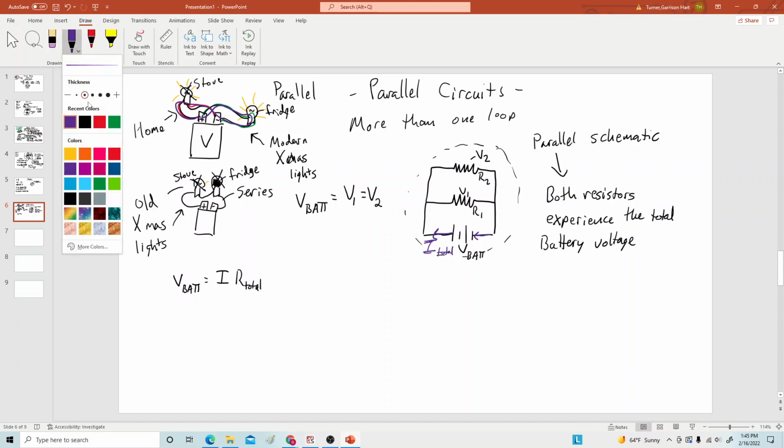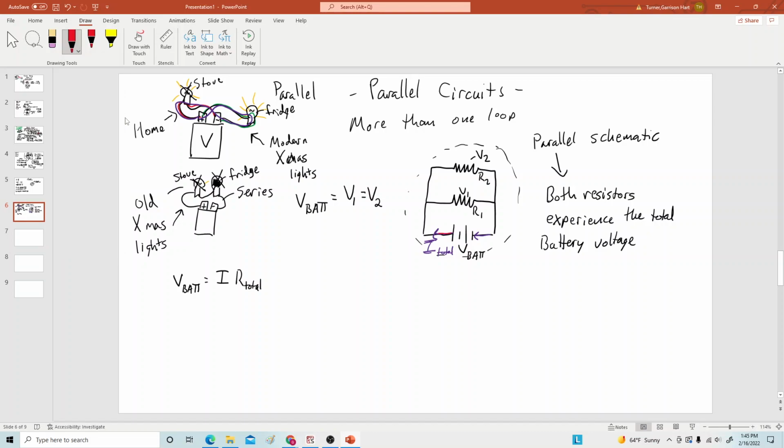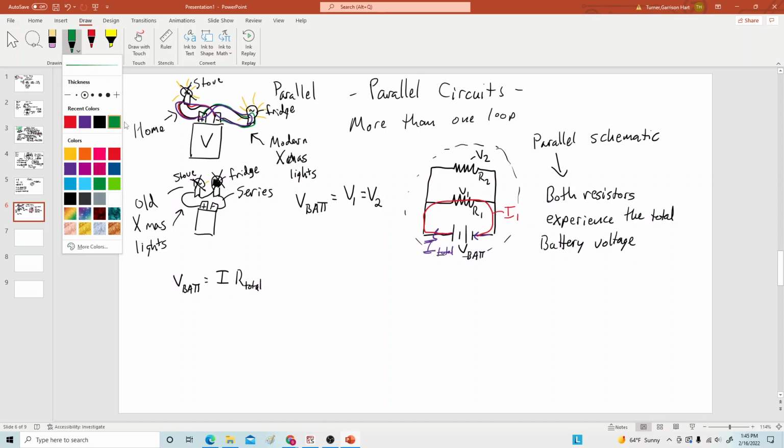But each individual resistor has its own current that it is drawing from the battery.